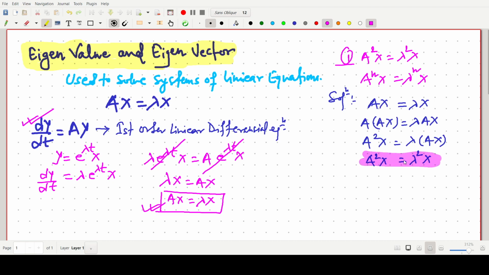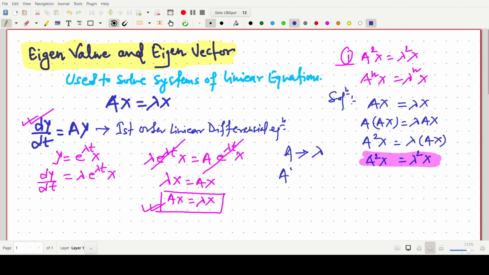So what does this inform? Basically, even if we square the matrix, initially the matrix A is there and now we are squaring it. For matrix A, say the eigenvalue is lambda.